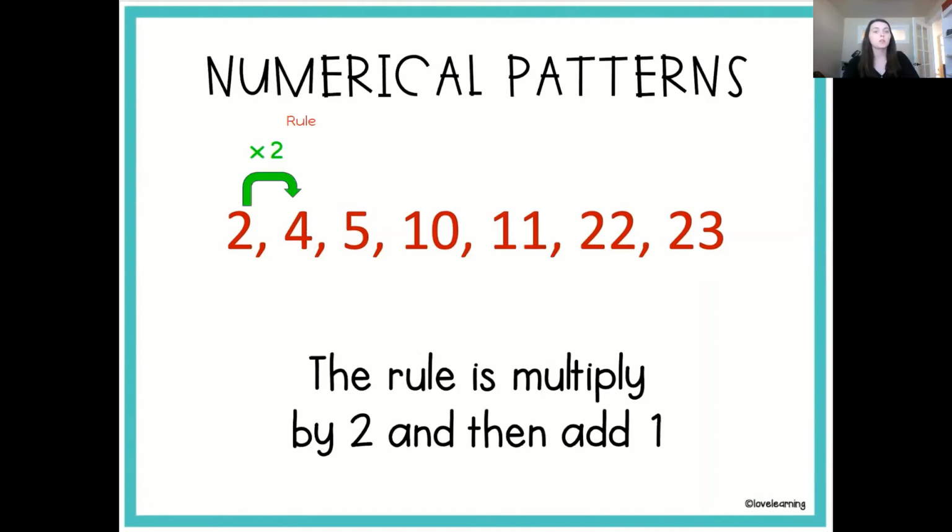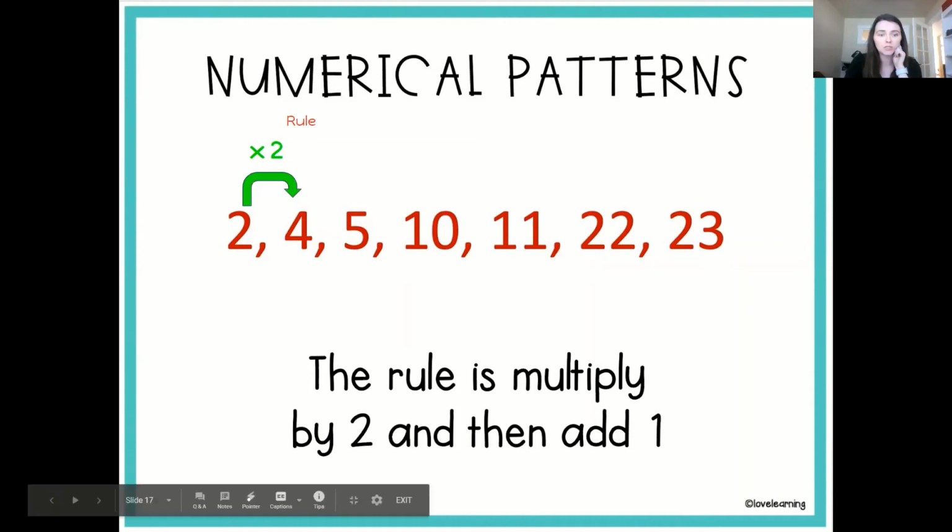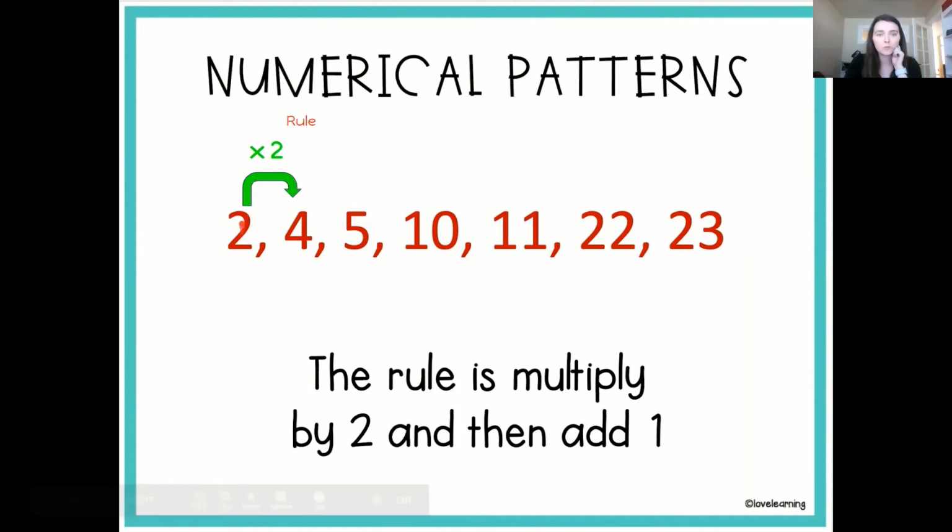Okay, so the rule is to multiply by 2 and then add 1. What? That is some craziness. Now, I don't know what's going on the screen right now, but we'll talk about it in a second. So the first thing to notice that I told us about is that 2 times 2 is 4.